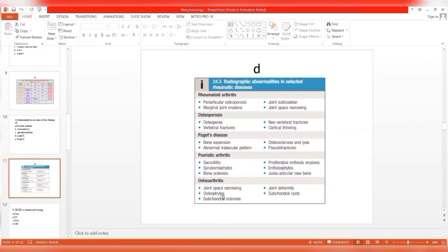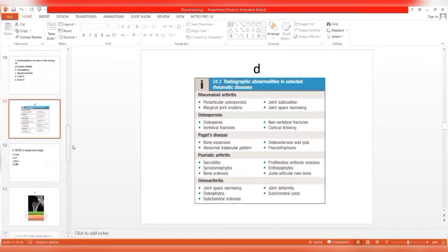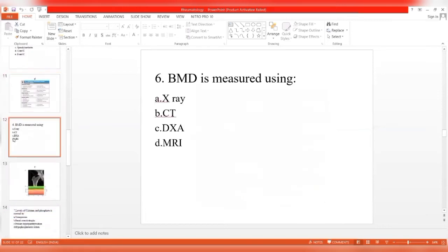So osteoarthritis: joint space narrowing, osteophytes, subchondral sclerosis, joint deformity, and also presence of subchondral cysts. So this is what is explained in the Davidson. And the answer for our previous question: syndesmophytes are seen as an X-ray finding of psoriatic arthritis and also spondyloarthritis.